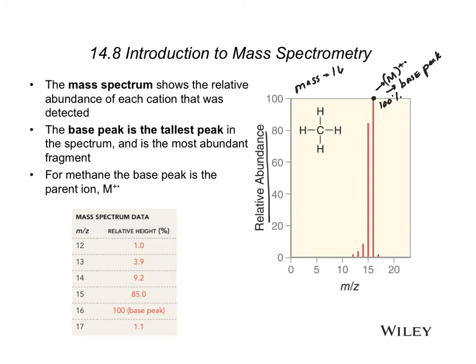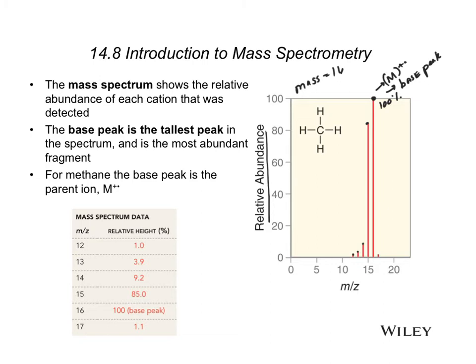Why do you think we get others? If we go below 16, we have peaks at 15, 14, 13, and 12. Why are we getting other peaks? Remember, our molecular ion is the original thing intact. But once that is formed, depending on how stable it is, it can further fragment.